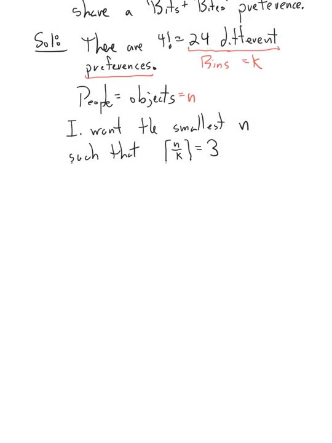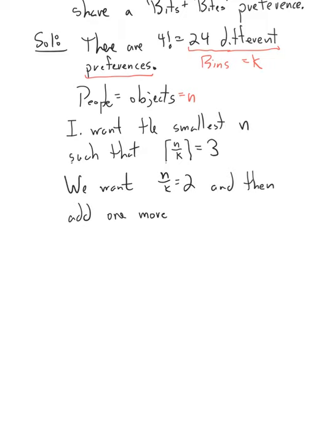So basically the easiest way to do it is figure out when n over k is a fraction, not the ceiling, but when n over k is 2, and then just add 1 to n. So in the worst case scenario, we want that n over k equals 2, and then add 1 more.